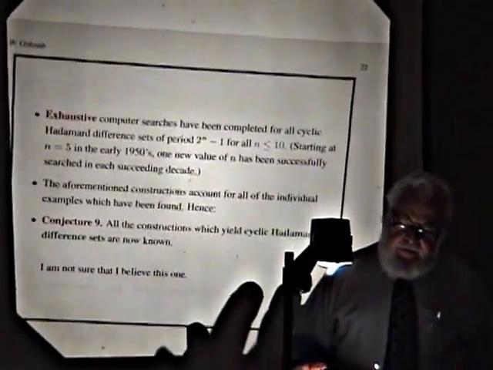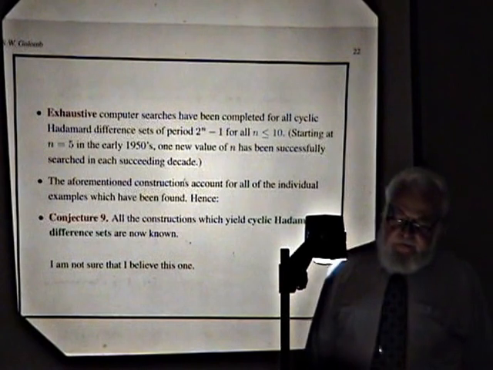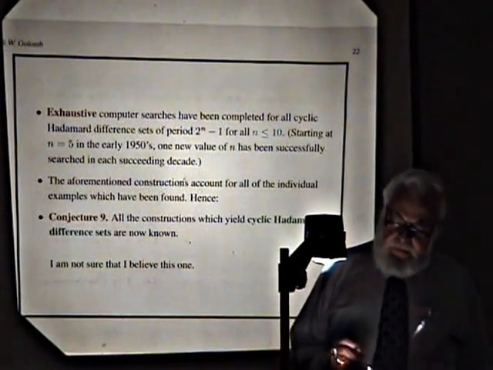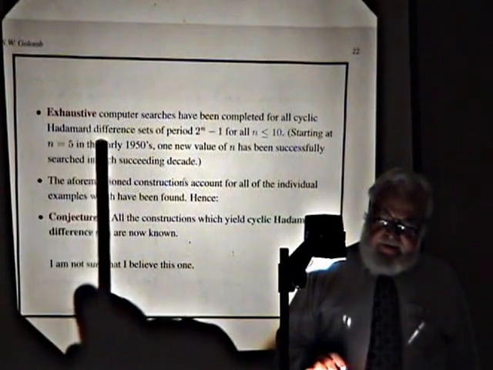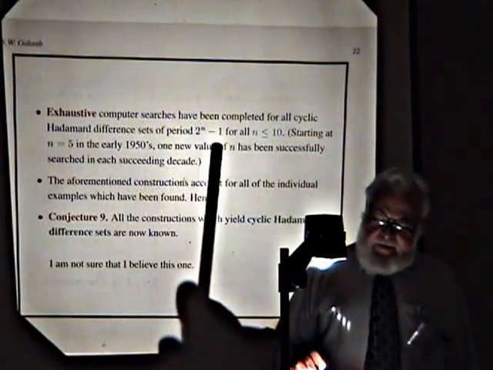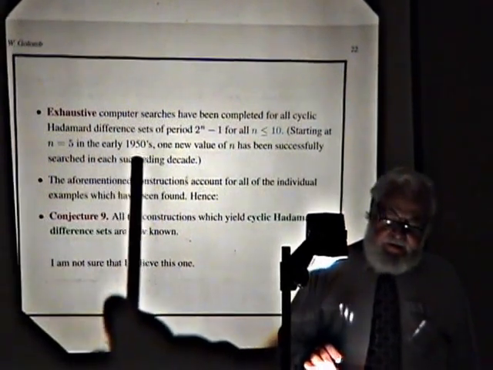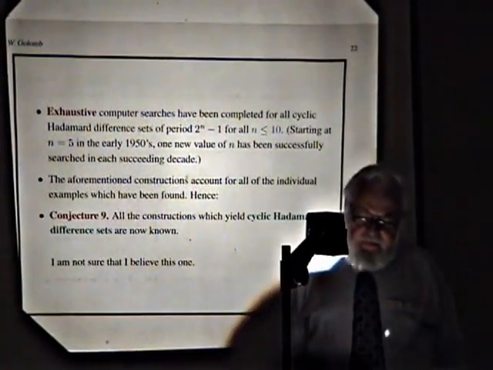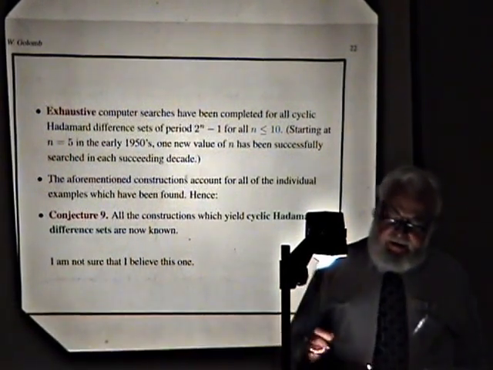Now, in looking for all the two-level autocorrelation sequences at period 2^n - 1, exhaustive searches have now been completed for all the cyclic Hadamard difference sets of these periods for n up to 10. Starting at n equals 5 in the early 1950s, one new value of n has been successfully searched in each succeeding decade.